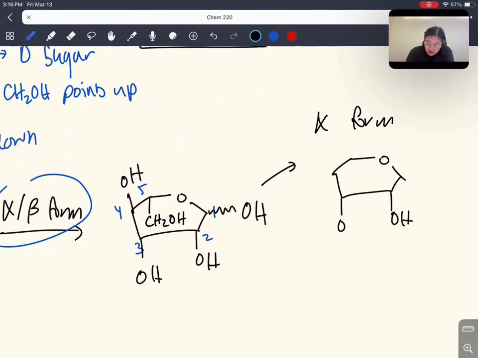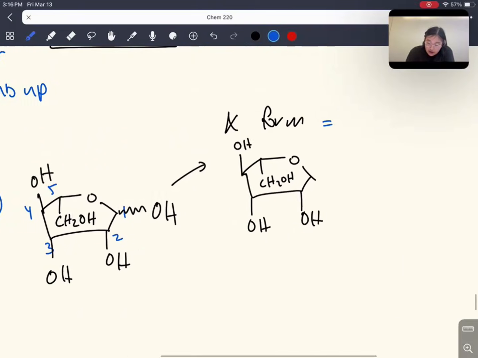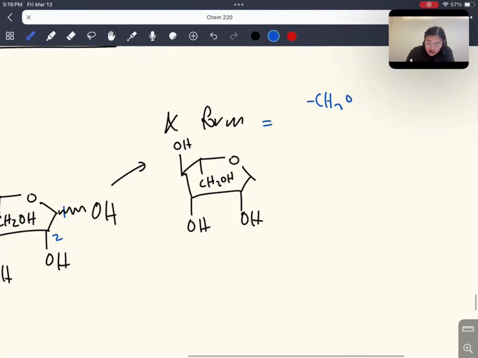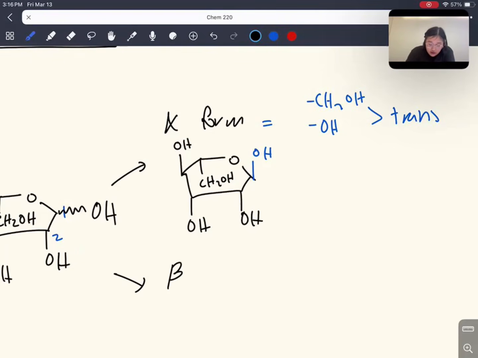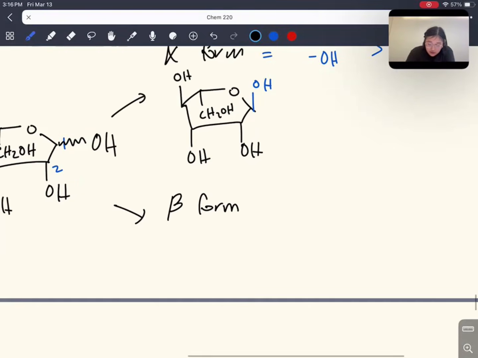So I'm going to redraw the molecule over here. So alpha form means that your CH2OH group and your OH group are trans to each other. So since our CH2OH group is pointing down, that means our OH group on carbon 1 would point up. And then the beta form, I'm going to redraw the molecule again.